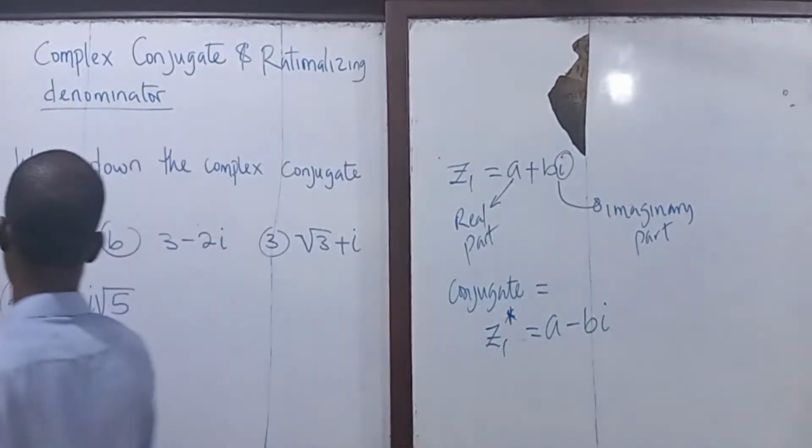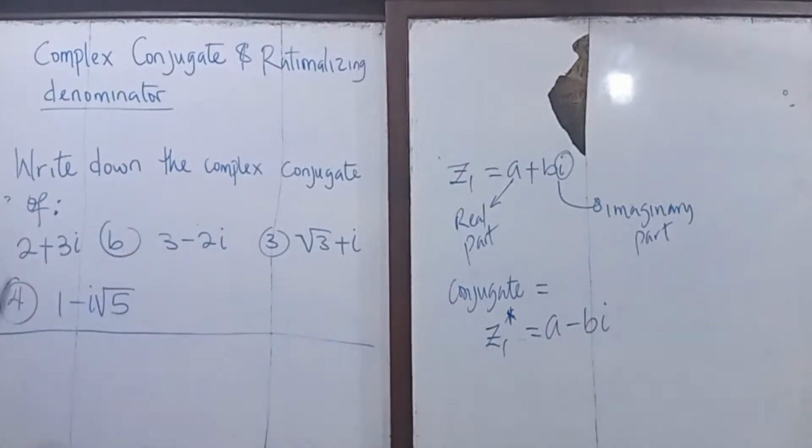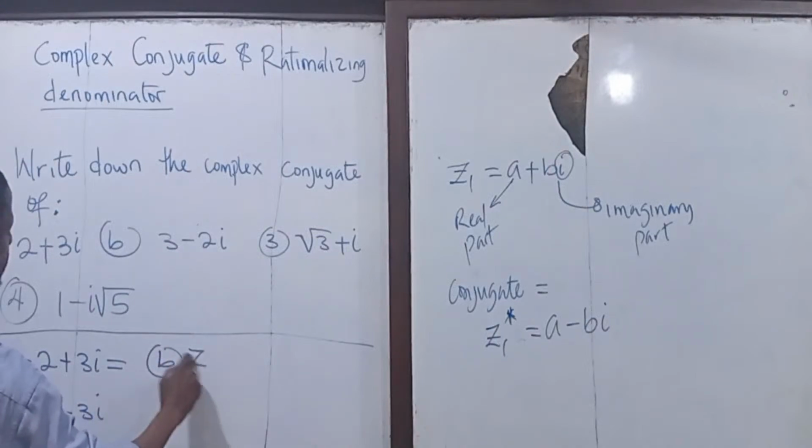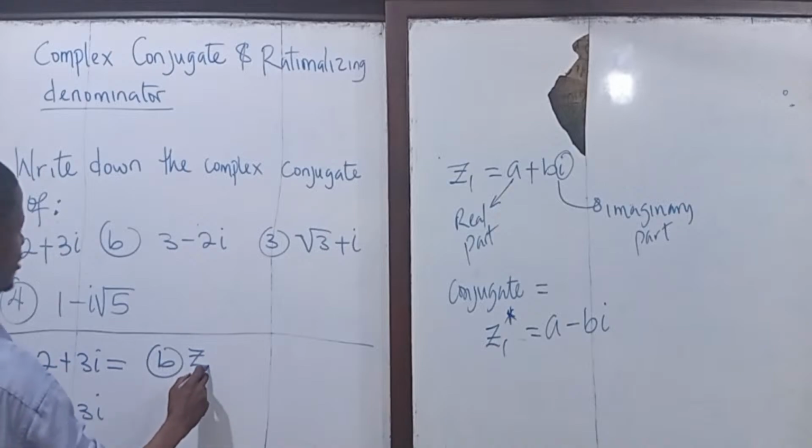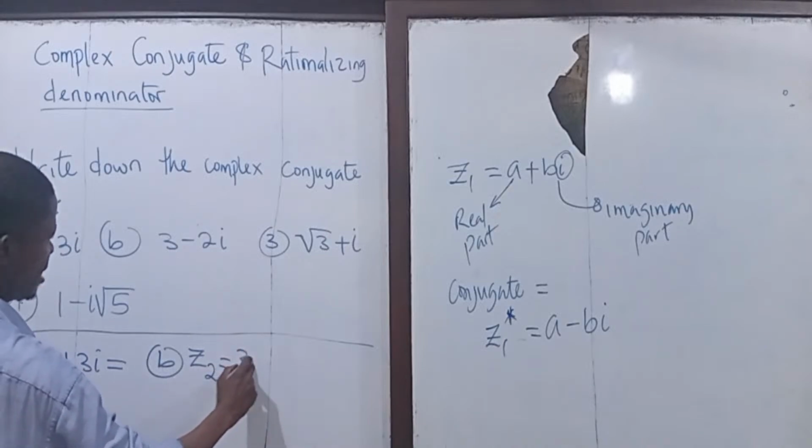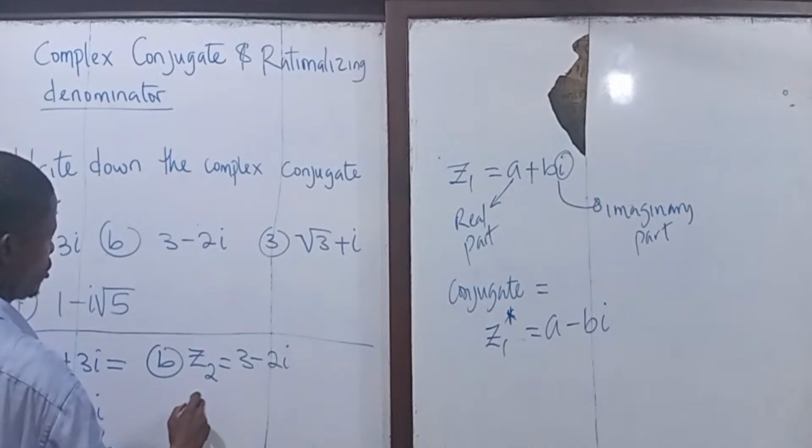Let's see the solution to this one. I'll just take two of them. The first one, 2 plus 3i. The conjugate will be equal to what? We can call this one, let this one be what? z. Okay, so z, the conjugate of that will be equal to what? 2 minus what? 2 minus 3i. The B part, let's call it z2, 3 minus 2i. The conjugate is what?